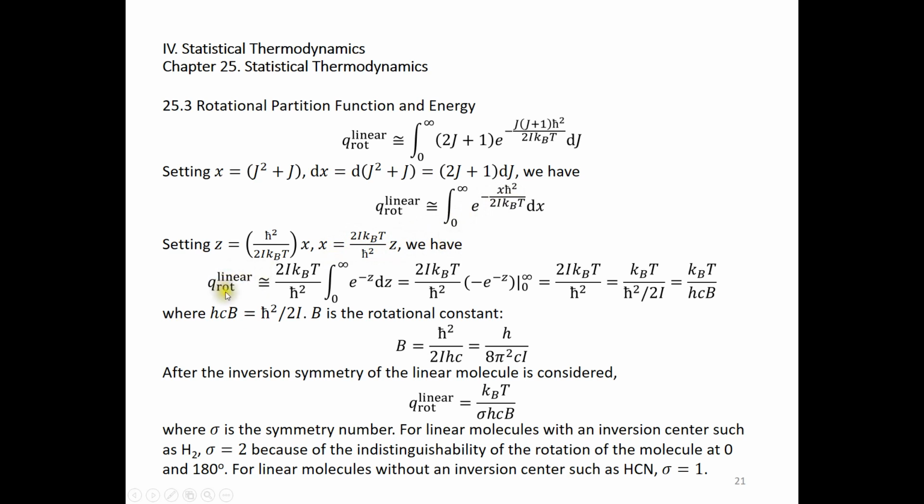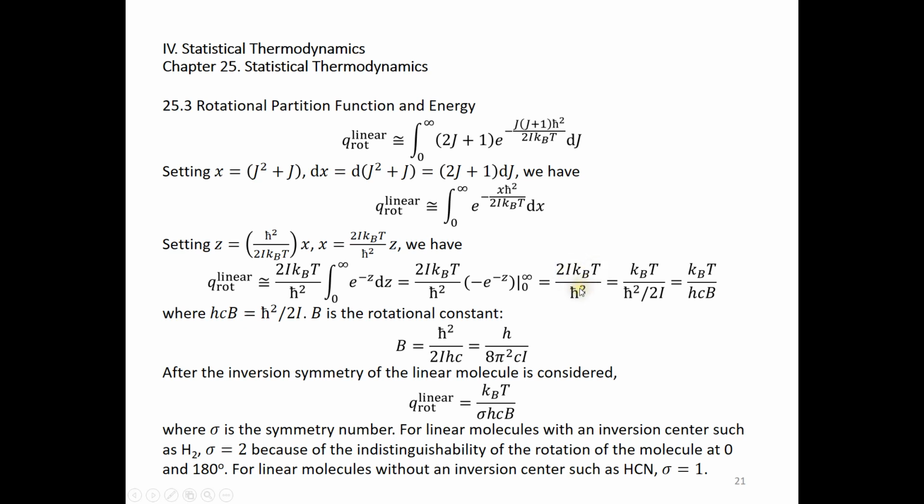Therefore, the rotational partition function of a linear molecule becomes 2I k_B T over h bar squared times the integral of e to the power of negative z dz. And z is also from 0 to infinity. The integral of e to the power of negative z is negative e to the power of negative z. We can plug in infinity and 0, and take the difference. The result is 2I k_B T over h bar squared.